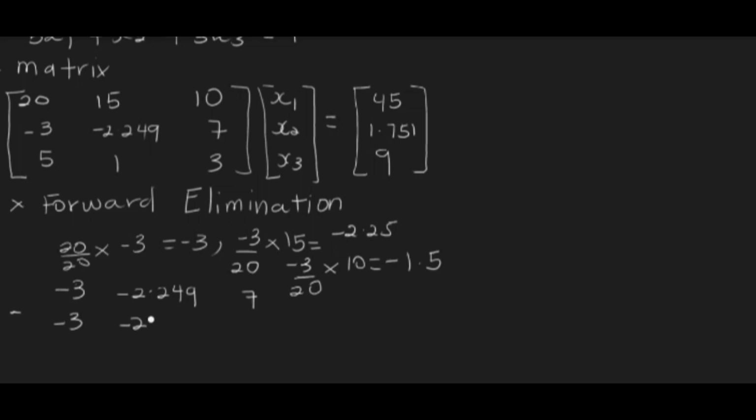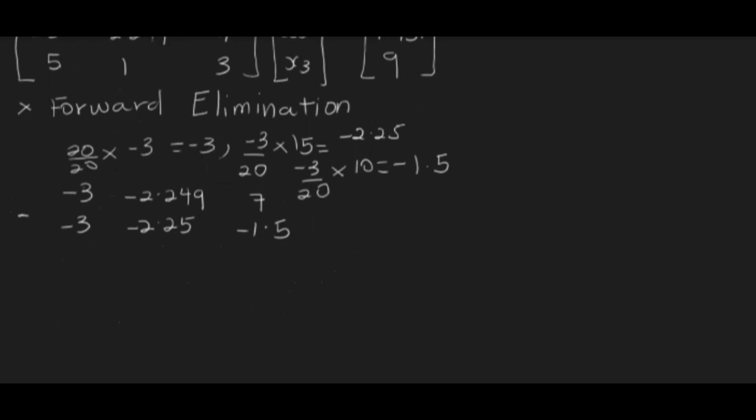Then the next one is negative 2.25, then I'll get negative 1.5 as well. So once I have this, then I do my subtraction so that I get some eliminated. So here will be 0.